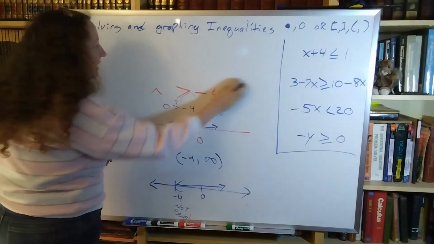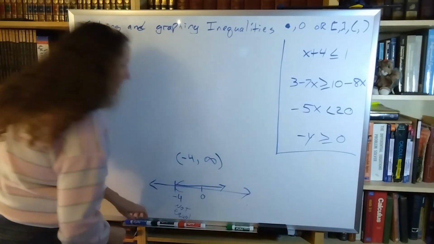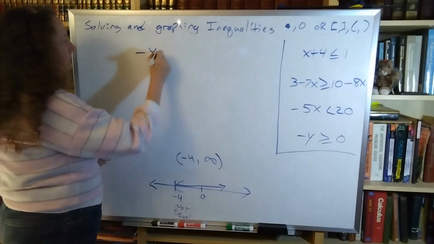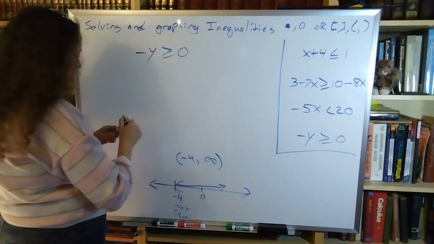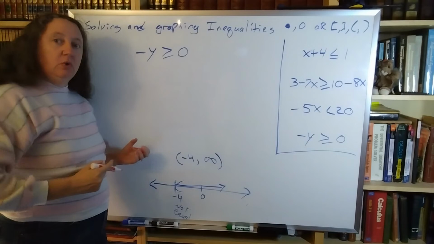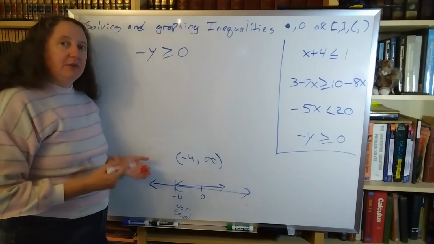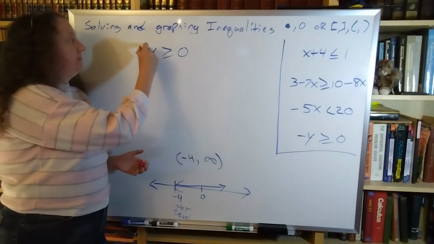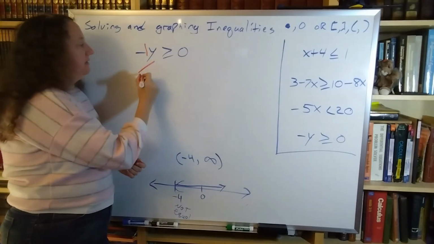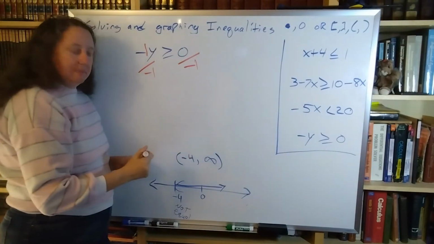Last problem in this set. -y is greater than or equal to 0. Remember, you are allowed to multiply anything times 1, and it does not change the problem. So I can multiply a 1 in there, and that does not change my problem. Now I can divide out that -1. Divide out the -1.